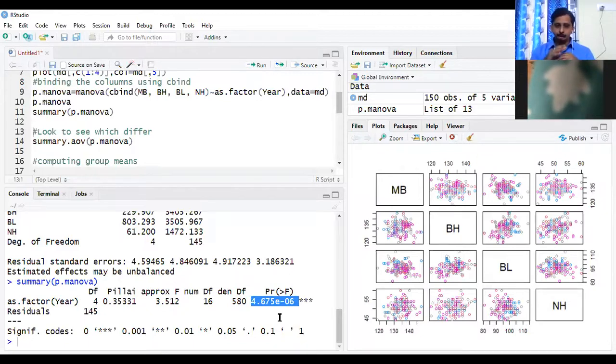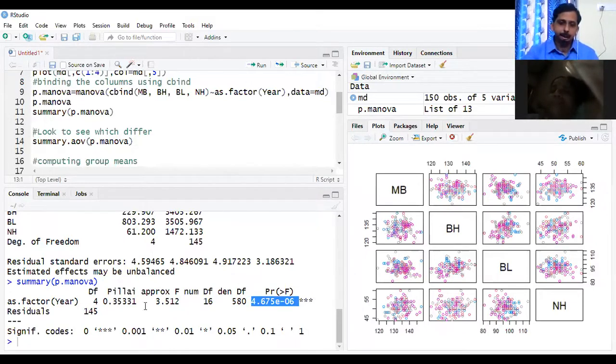The significant p-value gives us the information that over the different years, the measurements have a difference, maybe incremental or decremental, or some change in their measurements. But to see in each variable whether that significance is noticed or not, for that purpose we have to use the summary of ANOVA.